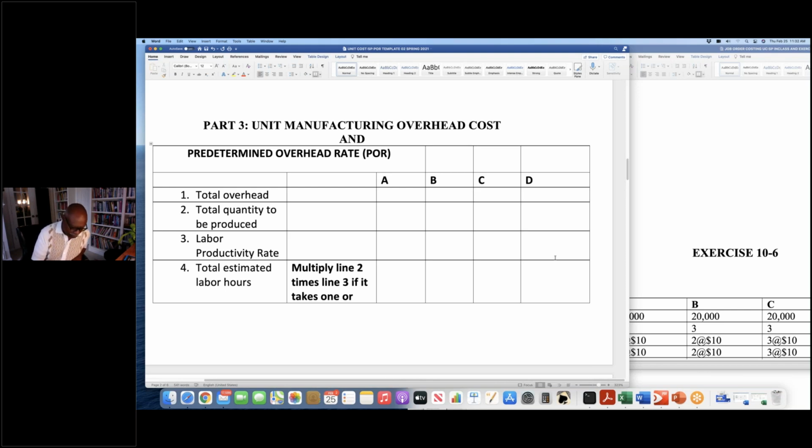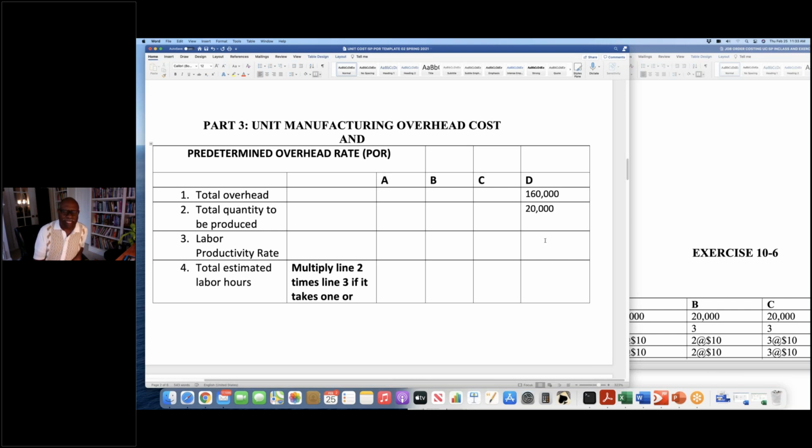160,000. What's the total quantity to be produced? 20,000. So now I hope you see why I put those in there, so you got a better sense of it.